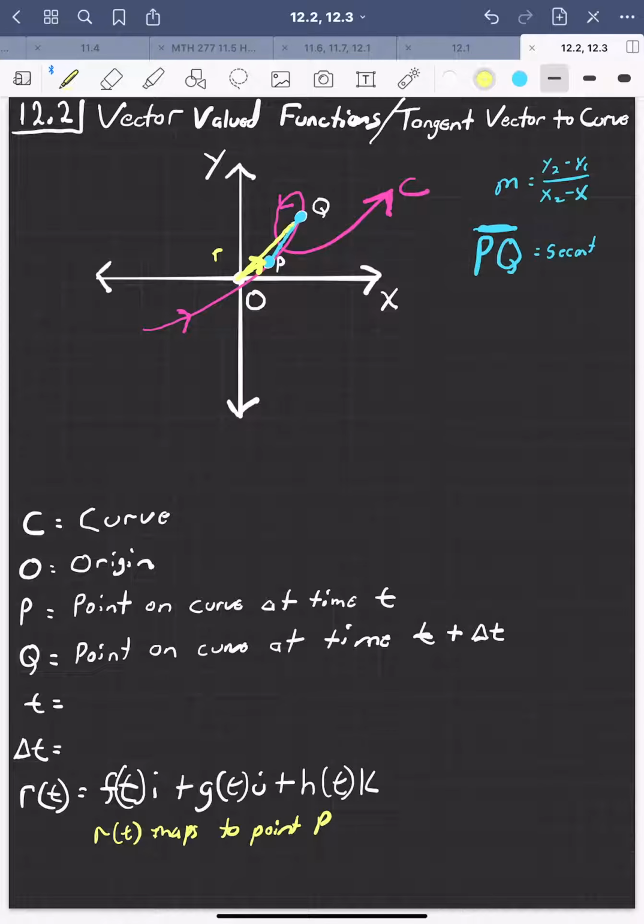It's now at Q. There would also be some vector that would map to point Q. So R of t maps to point P. What vector would map to point Q? Well, that would be R of what? R of t plus delta t.